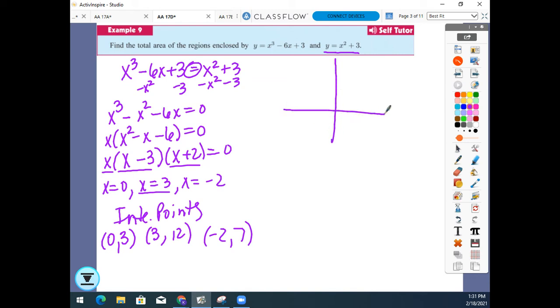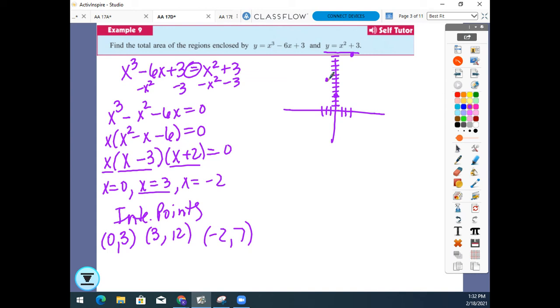So we need a really good visual. All right, so (0, 3), (3, 12), (-2, 7). Those are our 3 places that they intersect.